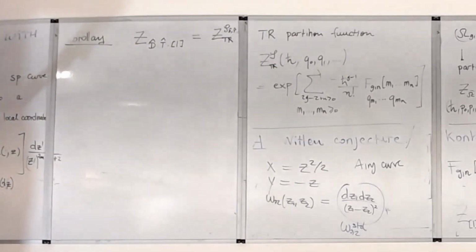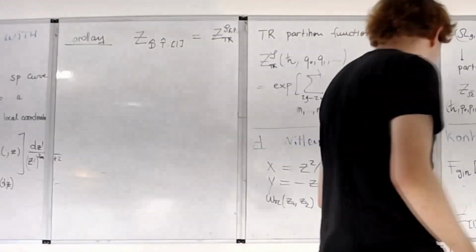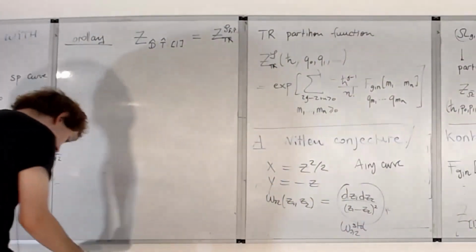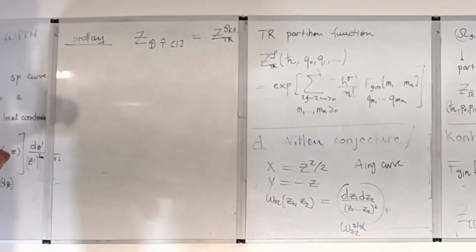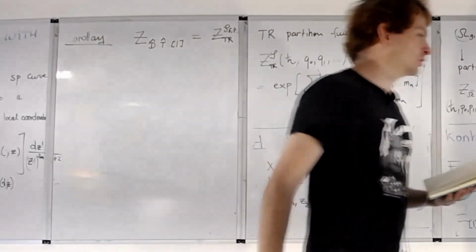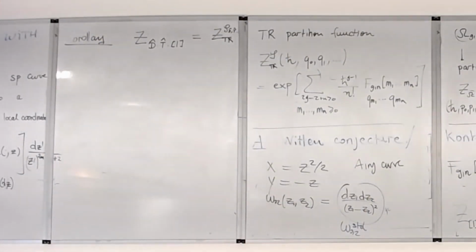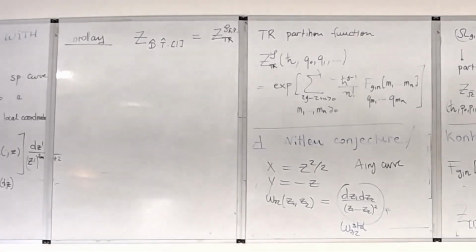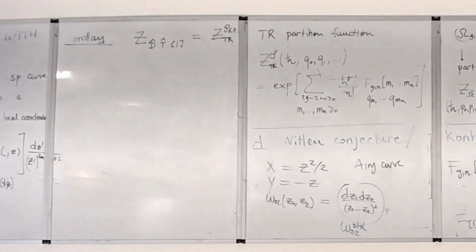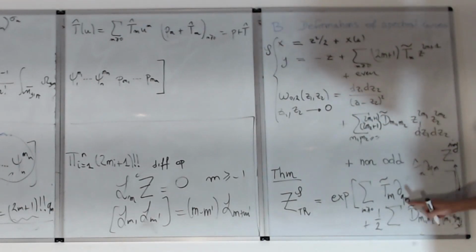Or you could say conversely, because I'm going to write what the spectral curve is here. And so to really see what the correspondence is, what do we need? We want the same operator here, but expressed in different variables. We want that to be t hat. That was a t tilde. We want that to be a t hat m dp m. And the two are related in this way.